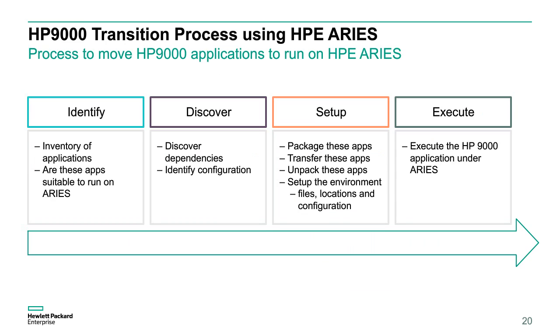So if you were going to try and run your HP9000 application on the Integrity 11iv3 platform, what do you need to do? First of all, you need to identify what you need to move. Quite often, if you try and install your HP9000 application on an Integrity server, the first thing that will happen is the installer will say, I'm sorry, I'm not going to install because you're trying to install me on the wrong platform, and it will abort.